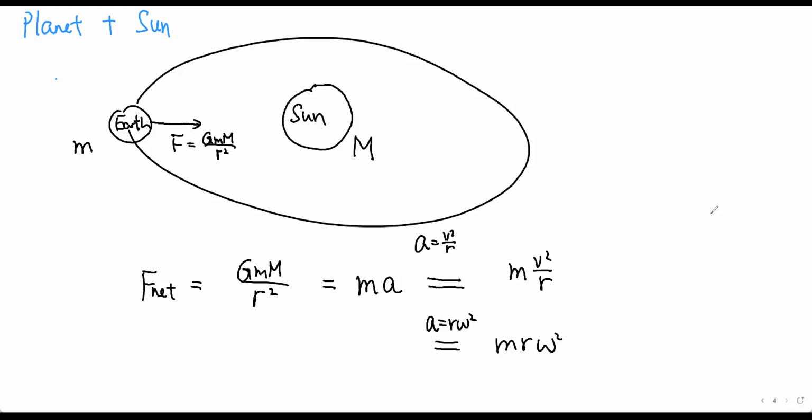Relate the gravitational force to mass times the centripetal acceleration. In short, just write the gravitational force equal to the centripetal mass times v squared over r. So your job, can you make v the subject of the equation? Make v the subject of the equation.